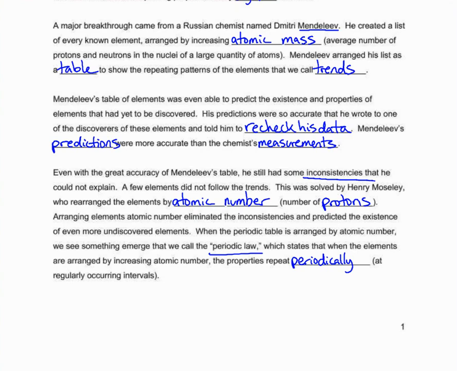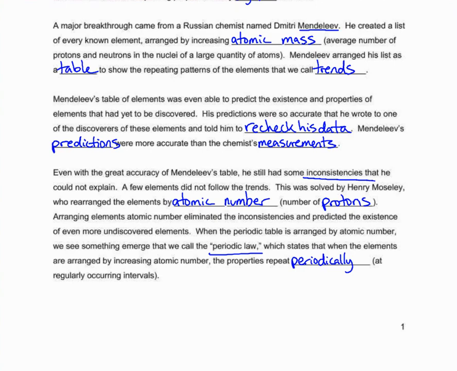So before we move on, I'm going to give you some dates here just to show you the timeline, the basics of when all of this happened.